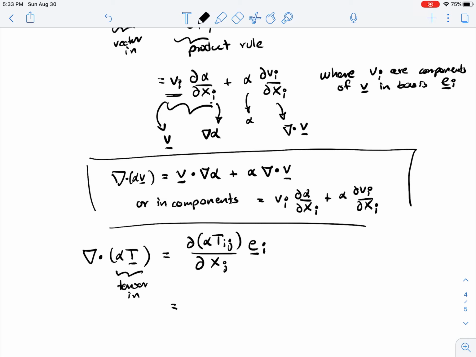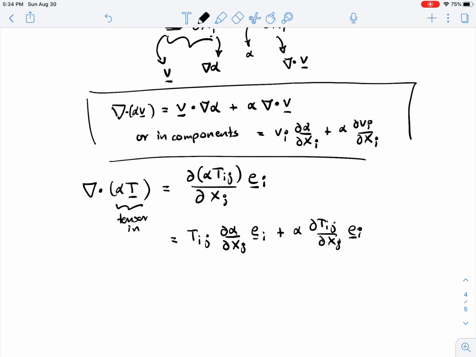And again, product rule. So I can split this into, so I can take the derivative, Tij d alpha dxj ei plus alpha dTij dxj ei.